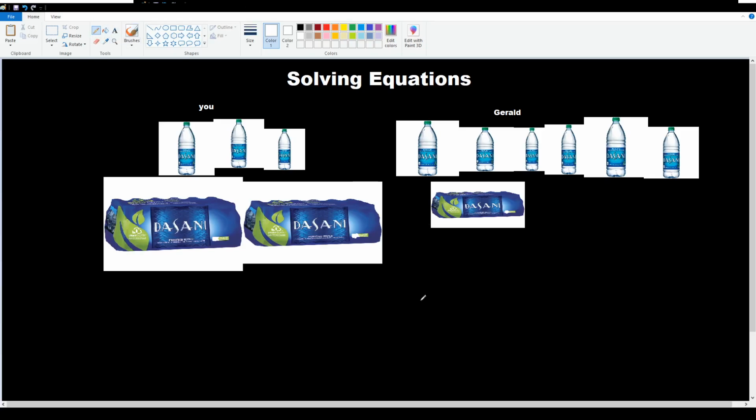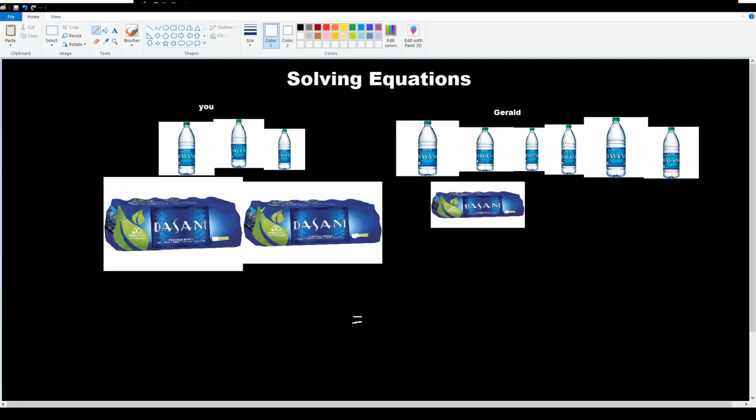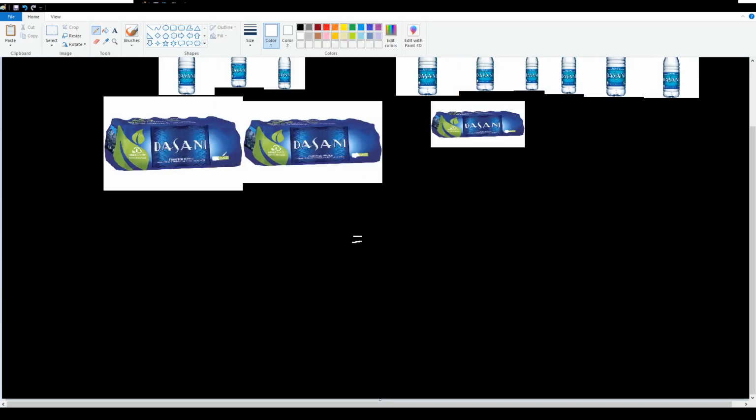So right here, you can use an equal sign because you know that you had the same number of water bottles as your friend. And we can use the variable, how about W, for the number of water bottles in each case. So you know you have 2 cases, so that would be 2 times W, right? Because 2 times the number of water bottles in each case.